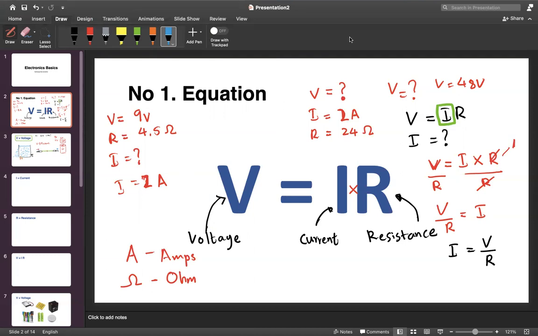There's a small equation called V equals IR, where V is voltage, I is current, and R is resistance. When you multiply current by resistance, you get the voltage. This is what the equation says.